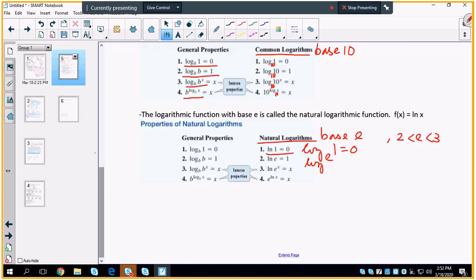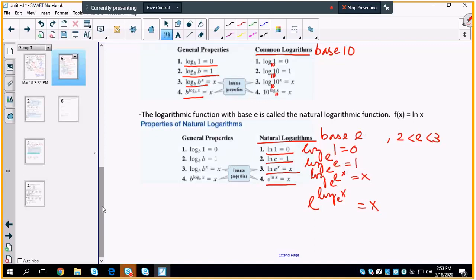Log of e to the base e, because the base and the input are the same, must be 1. Natural log of e to the power x, everything cancels, you get the input, equal to x. And e to the power natural log of x is equal to x.